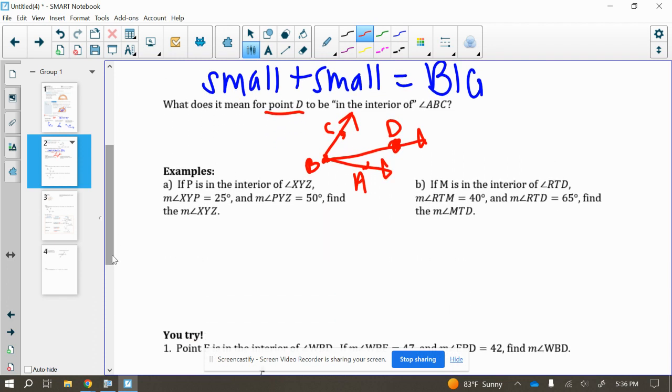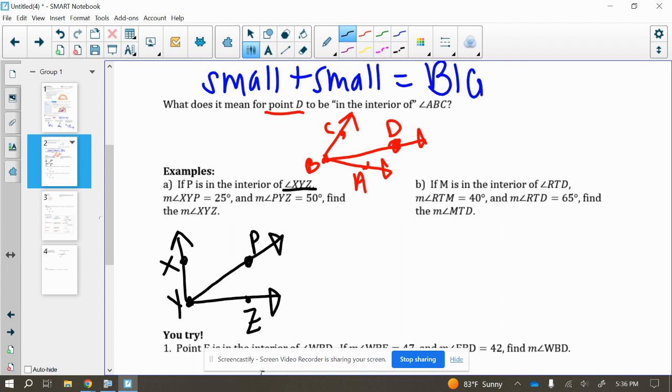So in our first example, again, it's really important that we draw a picture. So this time it says point P is on the interior of angle XYZ. So I'm going to start by drawing angle XYZ. And I know point P is somewhere inside there. Now to label my first part, it says that XYP, so this angle right here, is 25.